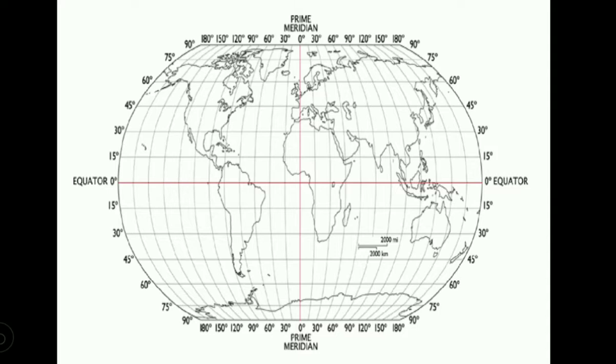So just observe, this is the grid of the latitudes and longitudes. So 0 degree is the prime meridian, or Greenwich meridian. Why? Because Greenwich is one of the places located in the center of Britain.